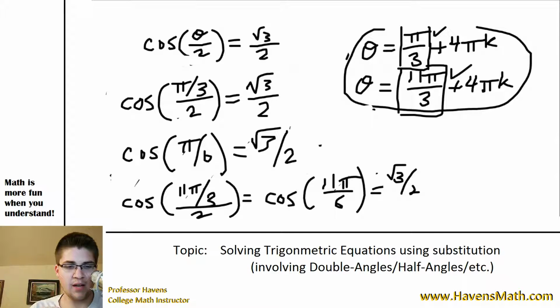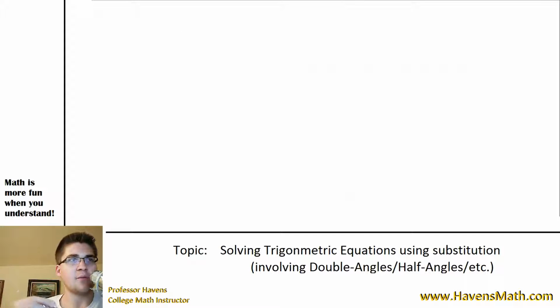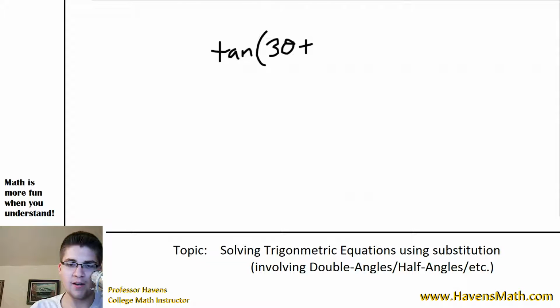So let's say we throw a lot of this stuff together. Let's say we had a tangent of 3 theta plus 1, and we want to figure out when that's equal to 0. Similarly to what we did before, we could do a substitution to take our entire input of our function, call that phi.